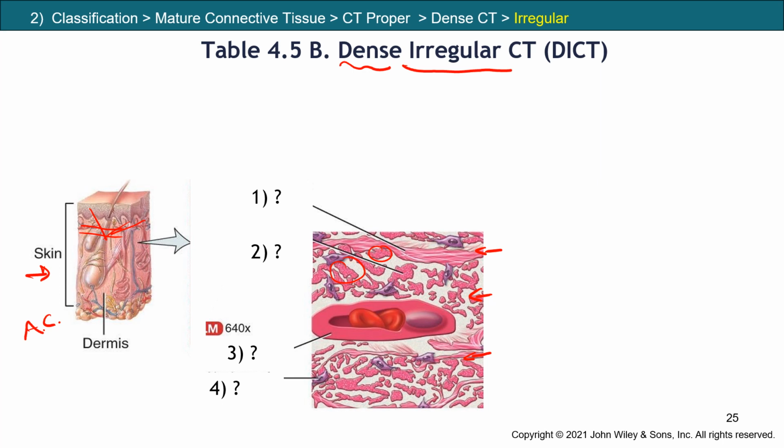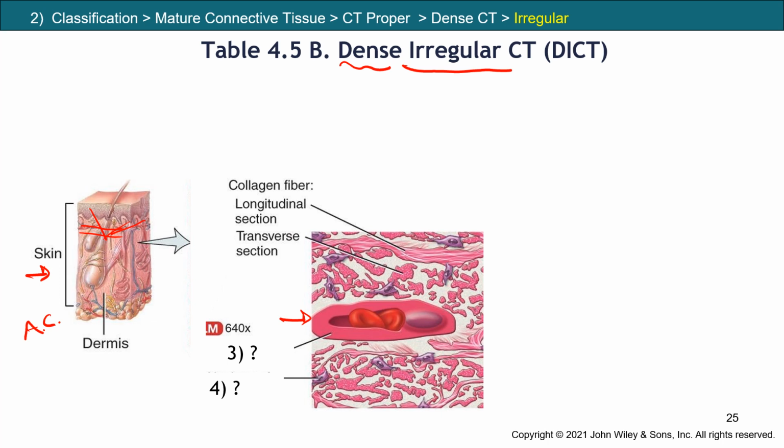And now let's keep talking. So here I told you that you have collagen fibers, but they are running in different directions, so you can have different views of these collagen fibers. Here, you are going to have a blood vessel.